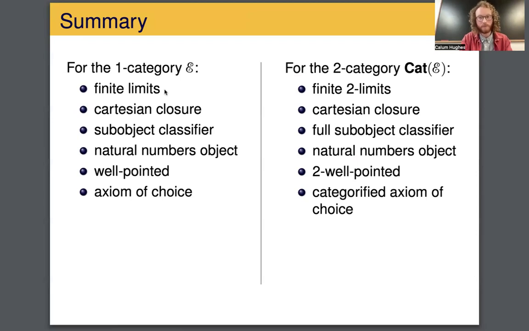We're not quite done though, because I said we wanted to axiomatize arbitrary 2 categories which look like cat E. So we want to replace cat E here with an arbitrary 2 category K. And luckily, a lot of the heavy lifting of this work was done by John Burke in his PhD thesis.